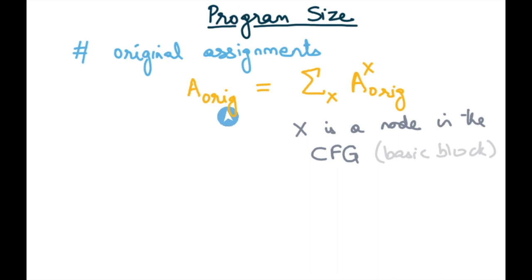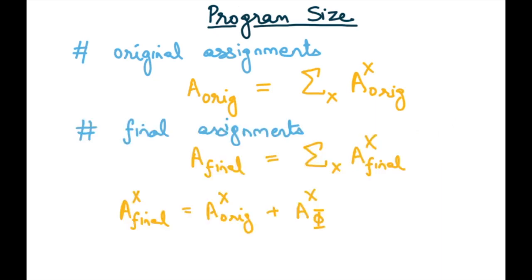So this is the number of original assignments. But our algorithm actually has a runtime that's proportional to the number of final assignments in the program. And the final assignments in the program include all the original assignments and the extra phi functions that we have added. And so the number of final assignments is represented as A_final, which is again the summation over all the basic blocks of A_final(X).